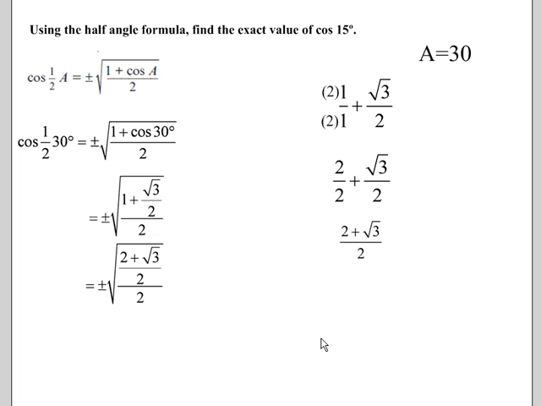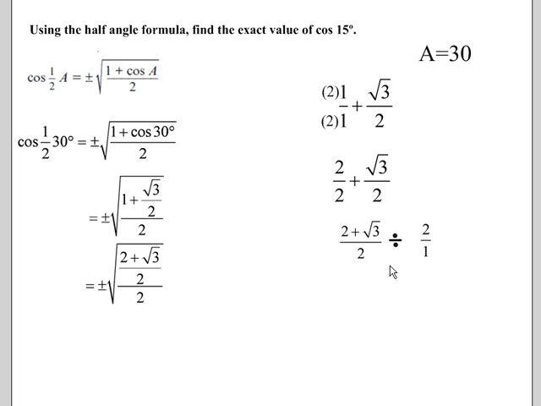Now you're probably wondering, whoa, that looks a little more complicated because you have a fraction divided by a whole number. And indeed you do. So let's think about it this way. We got 2 plus radical 3 over 2 divided by 2 here in this radical. Another way to write that is 2 plus radical 3 over 2 divided by 2 over 1.